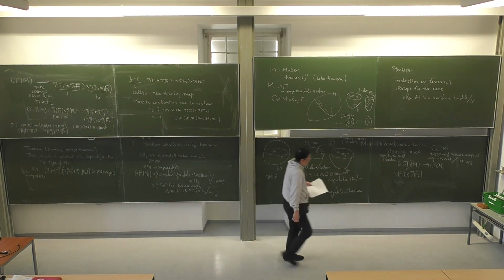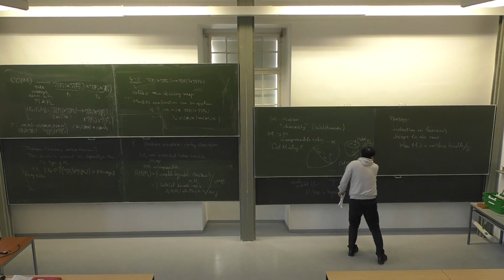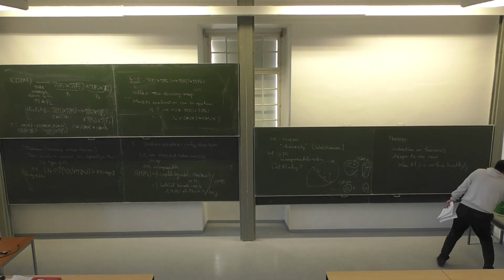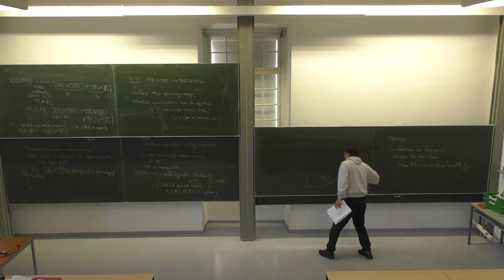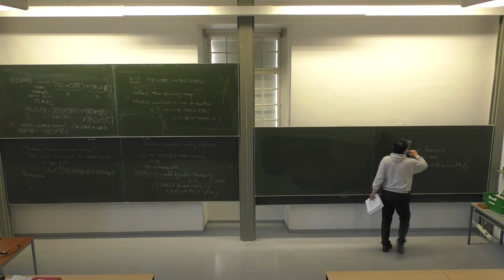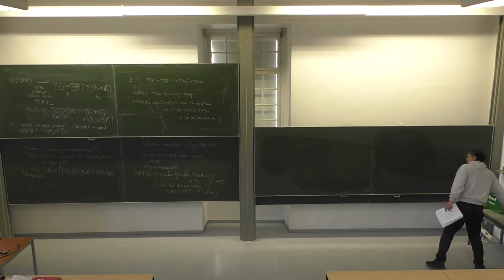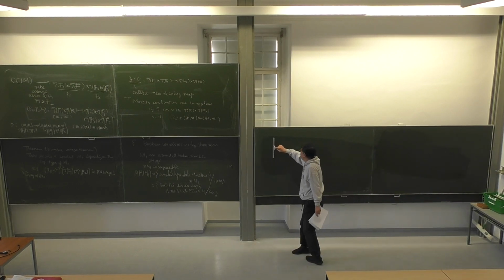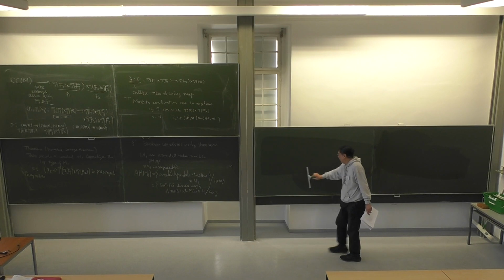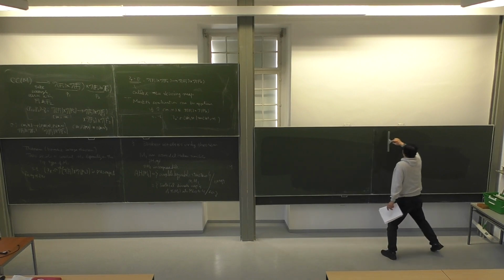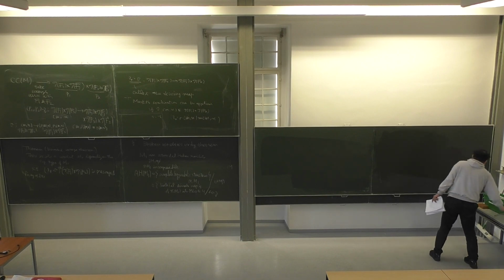Okay, now to state the theorem, I need some definitions which are used in three-dimensional topology, what's called the characteristic submanifold. So we are now considering a compact three-manifold, which is irreducible and with non-empty boundary, which is incompressible.